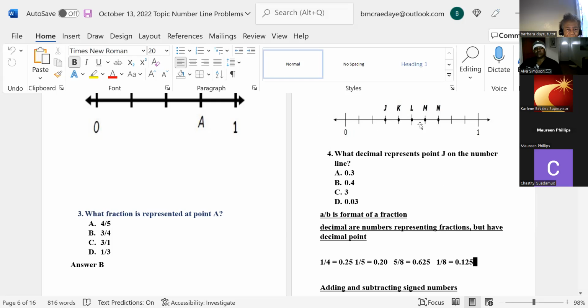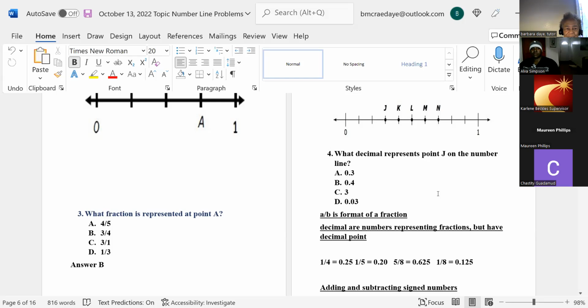I would say 3. So what would be your answer? 3. No, Maureen. Remember, it has to be between 0 and 1, so it can't be greater than 1. It has to be a decimal, something less than 1. So 0.3. That's right, 0.3.